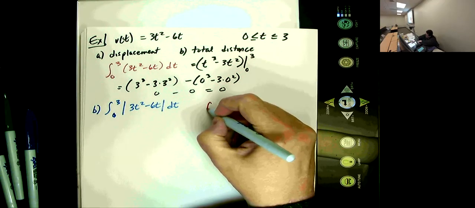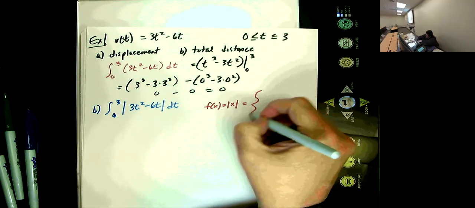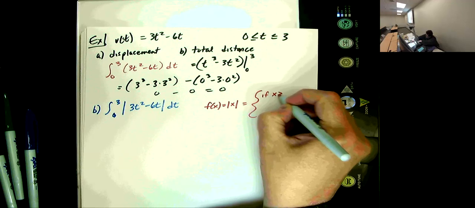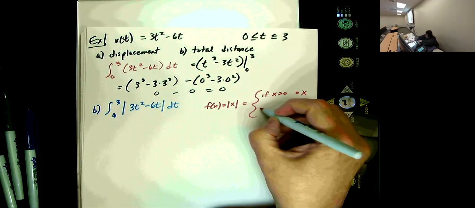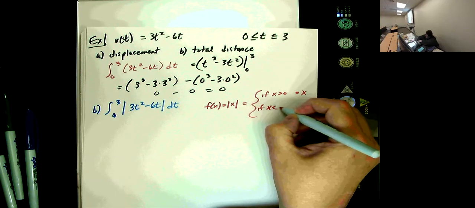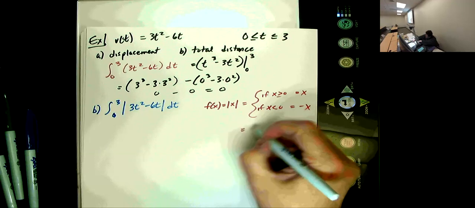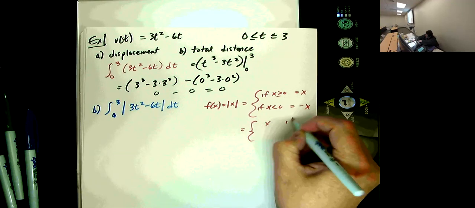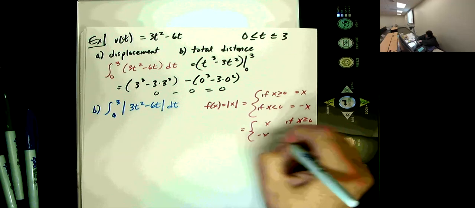So if f of x equals the absolute value of x, if x is greater than 0, it just equals x. If x is less than 0, it equals negative x. Well, that's usually not how we write it. We usually write x if x is greater than 0. I'm writing it all funky.